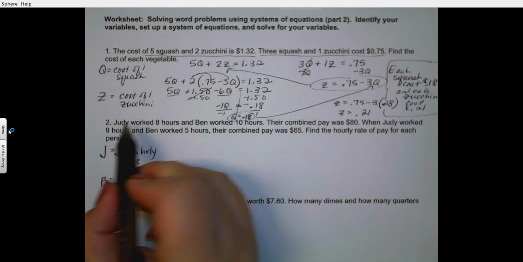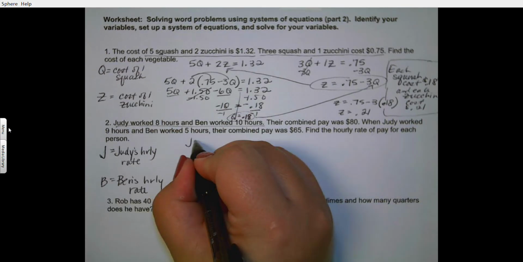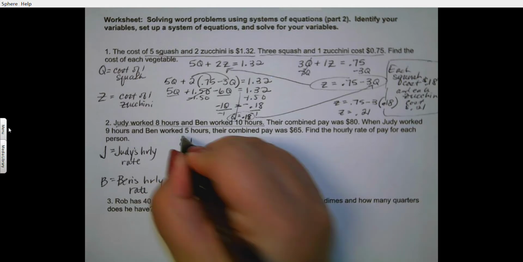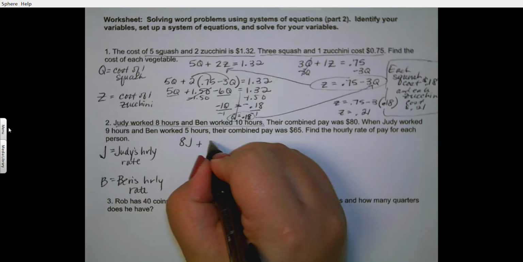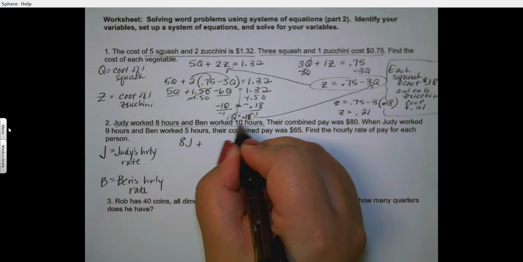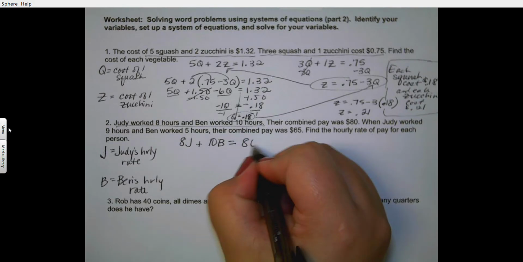So now my two equations: Judy works 8 hours, so 8J, 8 hours times her hourly rate is what she's going to make, plus Ben worked 10 hours, and they made $80.